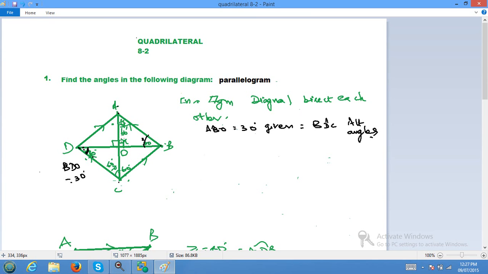Similarly, AC and BD bisect each other, and also these angles AOD, AOB, BOC, DOC, all these angles are perpendicular. This is 90 degrees. When this is 30, the remaining angle is 60 degrees.